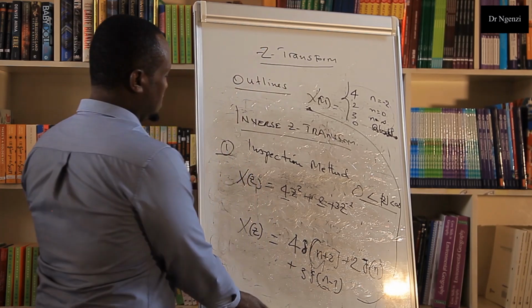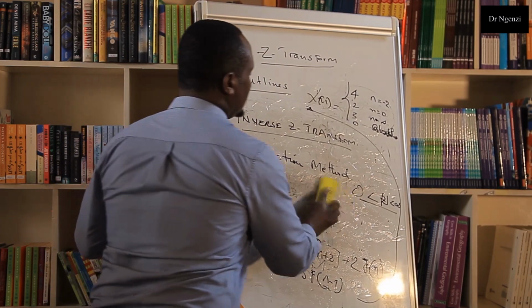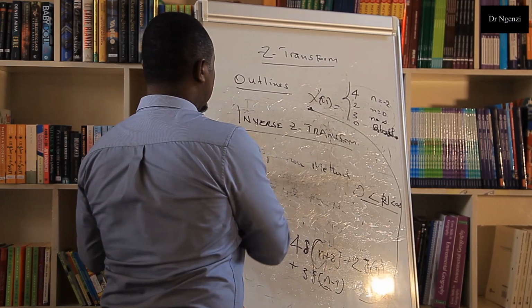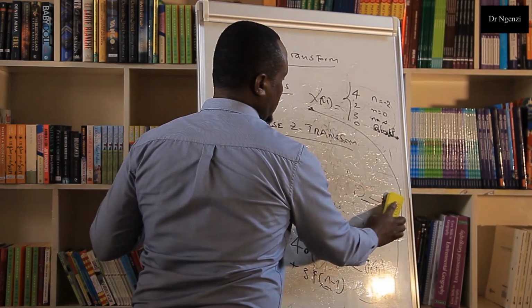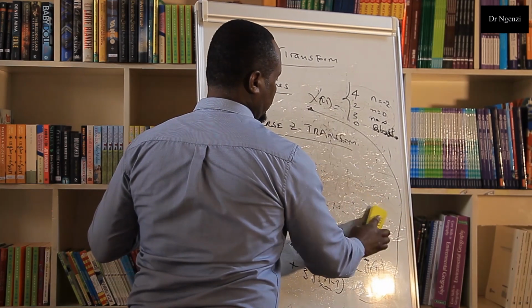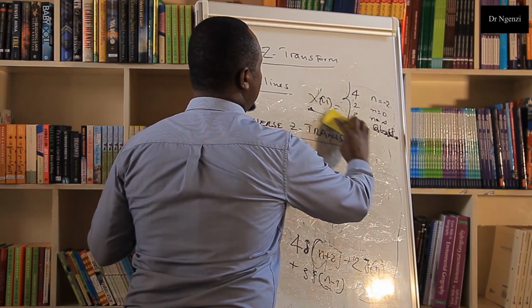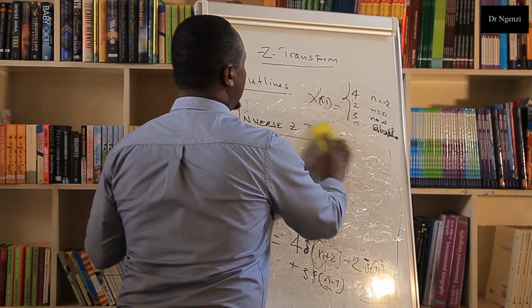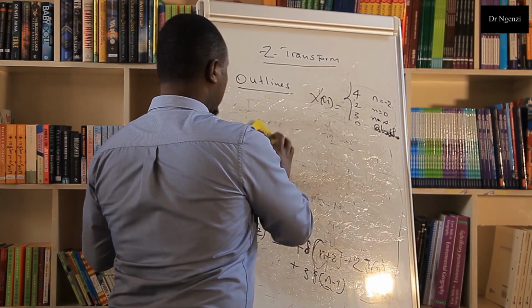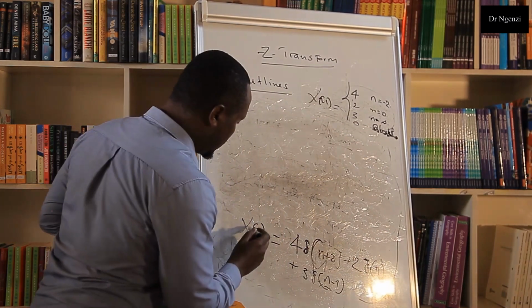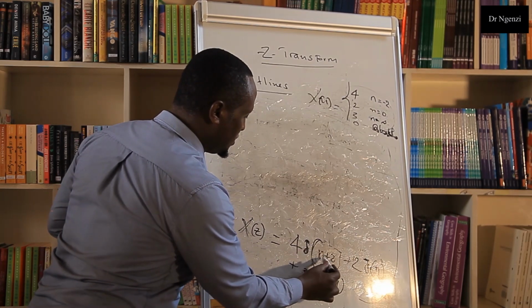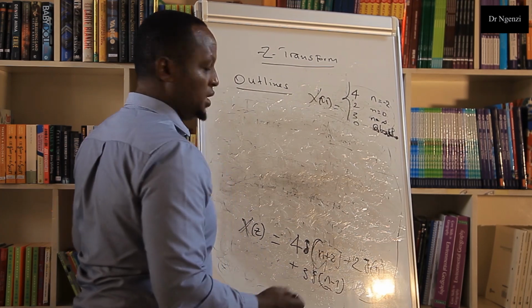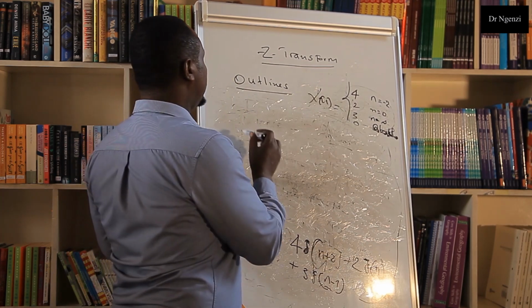Let me write them so that you do not lose the point. In calculating this particular number, you see x is equal to 4 impulse of n plus 2, like that. Then you can use 4 steps.